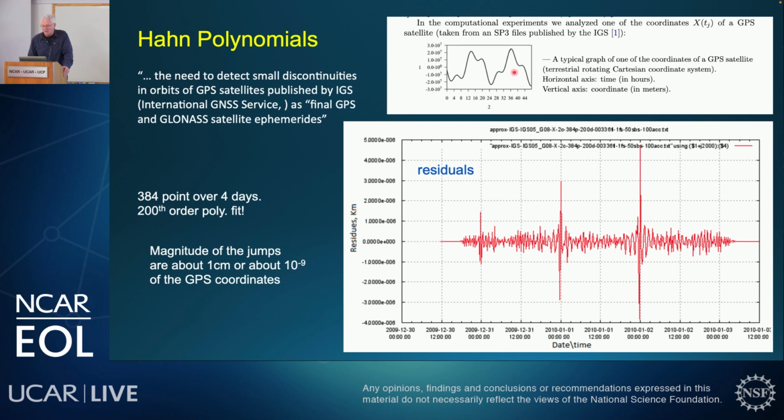So they took this signal, or a signal similar to this, I don't know exactly, and they would get 384 points over 4 days. These little jump discontinuities are at those day boundaries, and they did a 200th order polynomial fit to it.